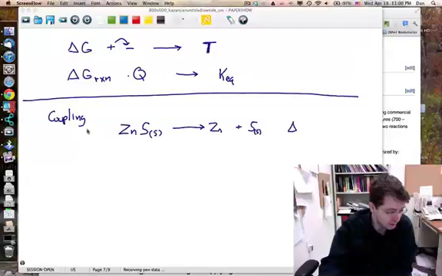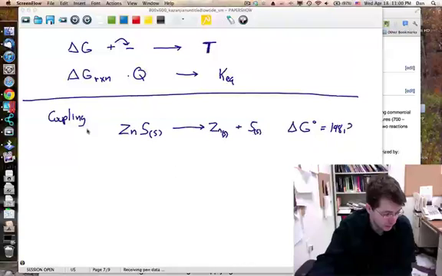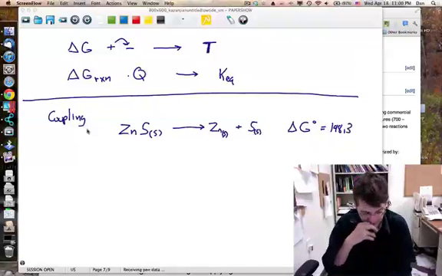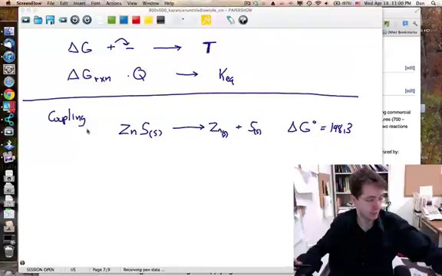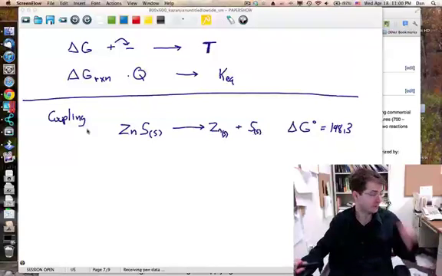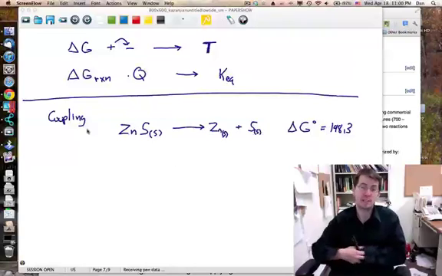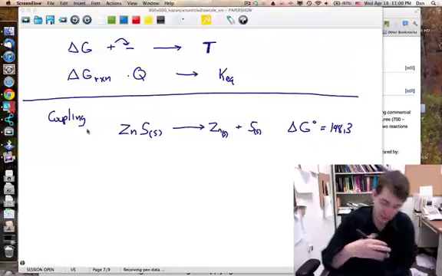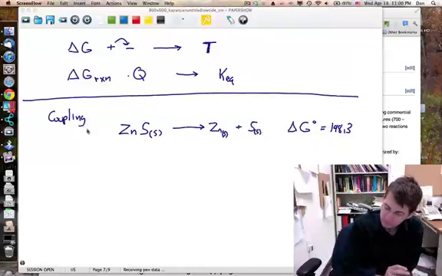positive delta G. So the delta G of this reaction under standard conditions is equal to 198.3. And it turns out that just cooking it is not going to do anything. You're going from one solid to two, and it's endothermic. And so it just doesn't work.